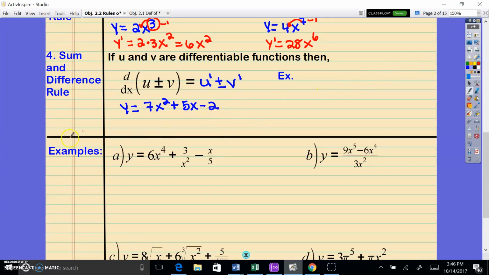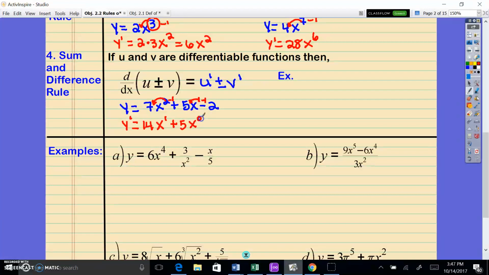So to take the derivative, we are not going to panic. We're simply going to go one by one. We're going to apply the power rule to this first one. That would give us 14. If you subtract 1 from 2, you get just 1, which is x. You don't have to put the 1, but you can. Now, I don't see a power here, so I'm going to put a 1. And I'm going to drop it to the front, times 5. That's just 5. But if I subtract 1, that gives me x to the 0.